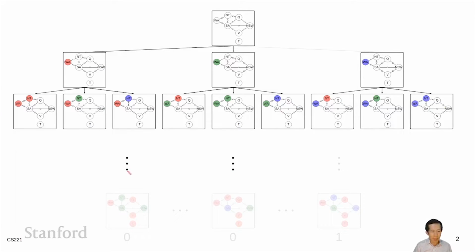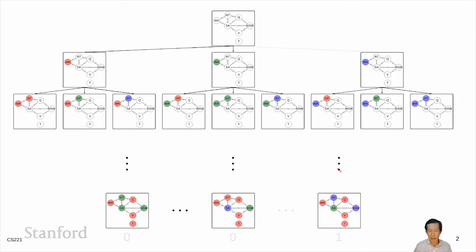At the bottom of this tree, we have the leaves, and each leaf is a complete assignment, and each assignment has a weight, which we can compute. Once we search through all the assignments, we simply take the assignment with the max. This is the most straightforward way of taking a CSP and solving it using backtracking search.